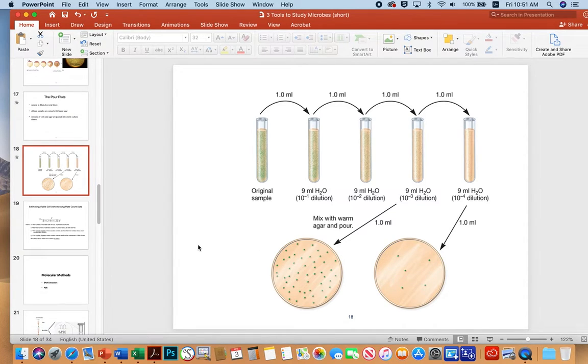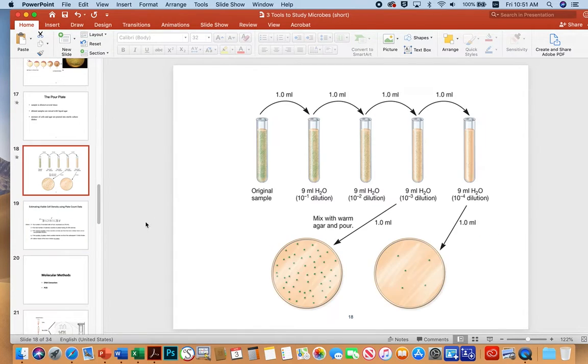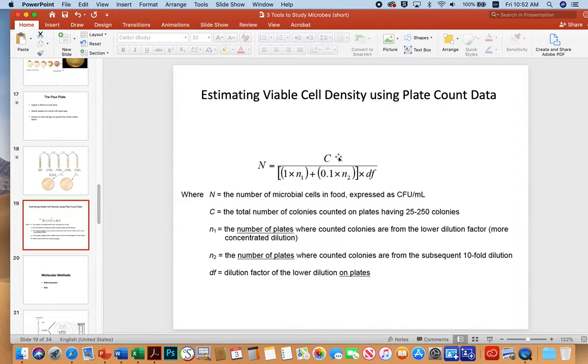So if we're just going to straight up calculate C without paying attention to the 25 to 250 rule, and we're also going to assume that this is 50 colonies, because I didn't pre-count it before I started this lecture. But anyway, imagine this is 5 and imagine this is 50. So C would be 55. So I would put my 55 here.